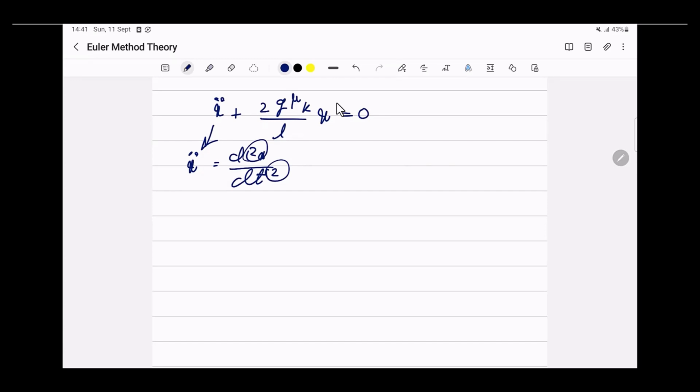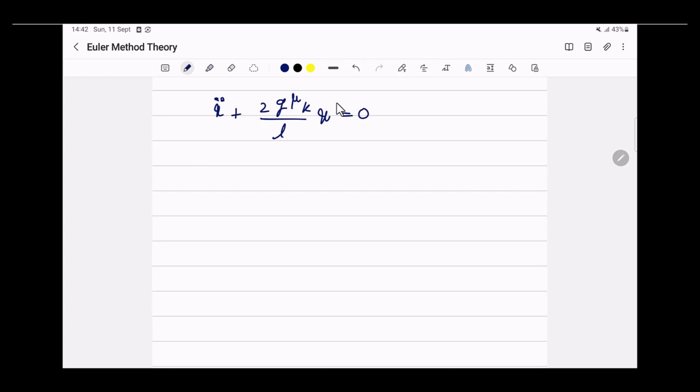So because of this, we cannot easily write it down in the format of dx/dt is equal to f(x,t). We have to pull up a trick in order to write it in this way. Now, what is that trick? So we basically get help from a helping variable.